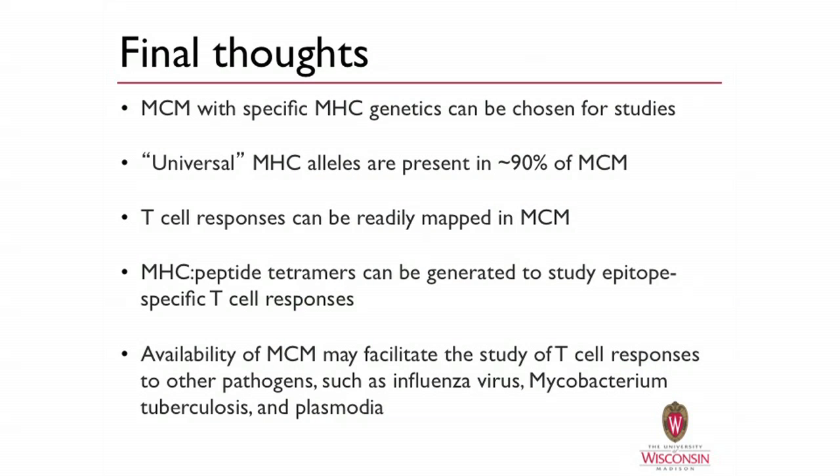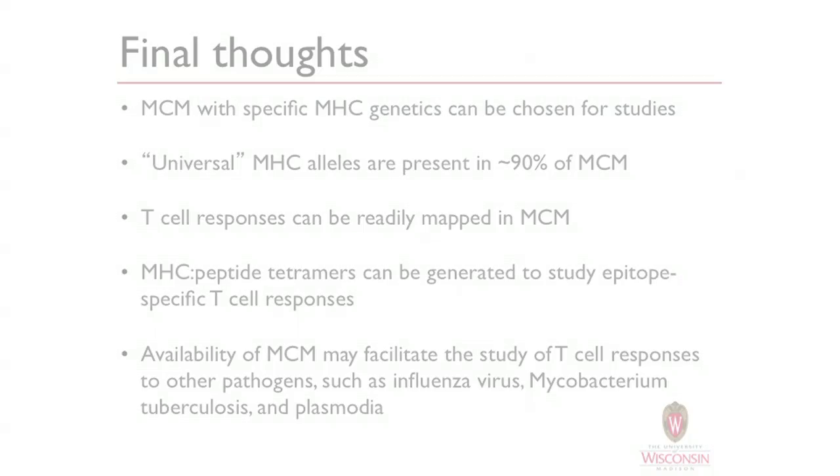We can readily map T cell responses in Mauritian macaques, and we've done this for SIV. Another one of our collaborators at the University of Wisconsin, Tom Friedrich, is trying to use this model to map T cell responses for influenza, and we're interested in doing the same thing for tuberculosis, and I think that the Mauritian macaques could be very valuable for studying T cell responses to a wide variety of pathogens.